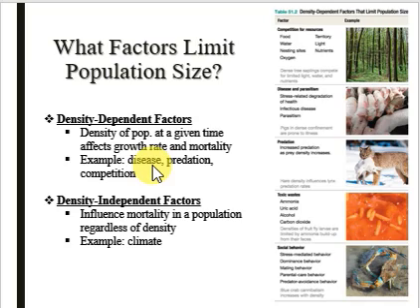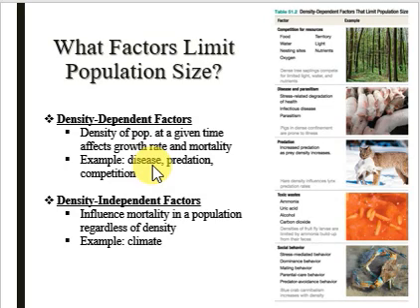So individuals of different species interacting with one another. This would be predation, parasitism, or competition among species for food. So again, a lot of these serve as the foundation for those density-dependent factors. And those changes that they cause in survivorship and fecundity will spur logistic population growth and therefore define that habitat's carrying capacity.